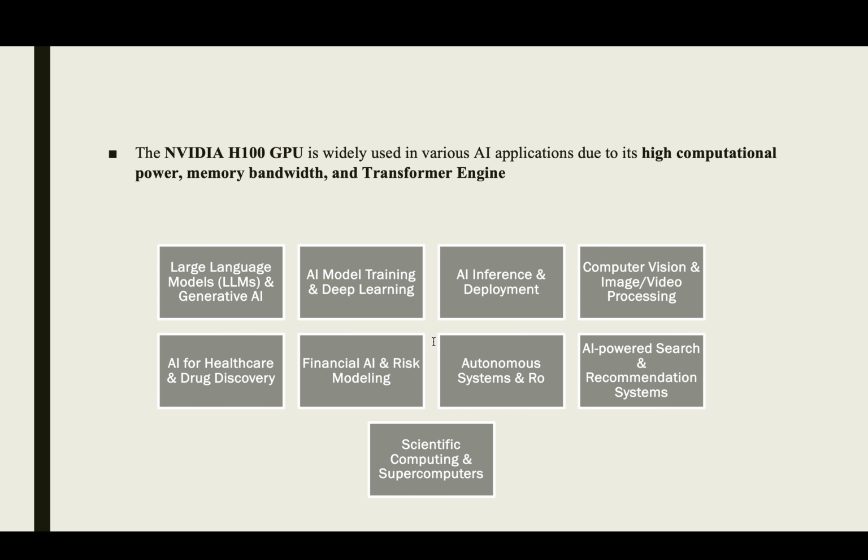Meta Llama 2 and Llama 3, then OpenAI GPT-4, GPT-5 in training and inference, Google Gemini and DeepMind's AI models.